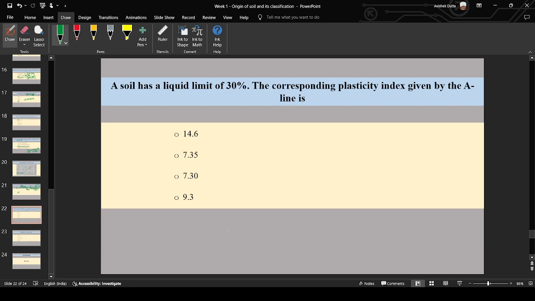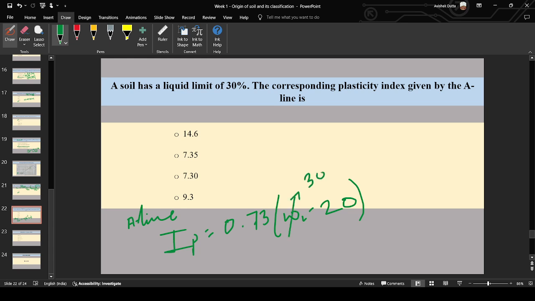Equation of the A line: plasticity index IP equals 0.73 into WL minus 20. Now what is WL? WL is the magnitude of liquid limit in percentage. So WL is basically 30 in this formula.